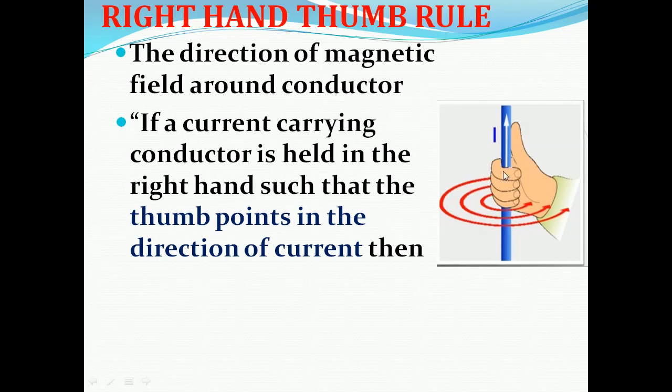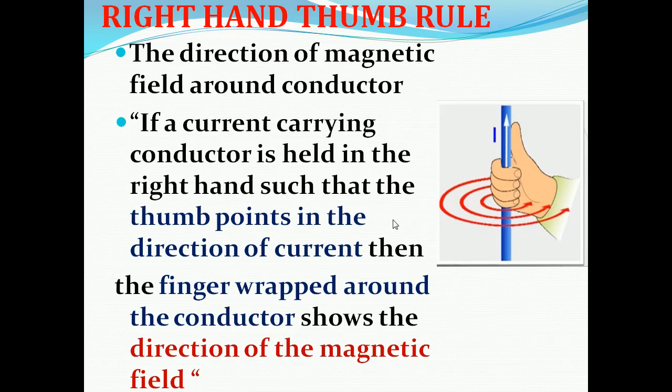Now you are wrapping a conductor with your right hand. Just consider you are wrapping the conductor with your right hand. The thumb points in the direction of current, and the fingers wrapped around the conductor show the direction of the magnetic field.